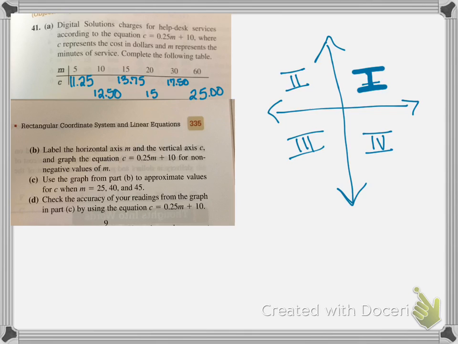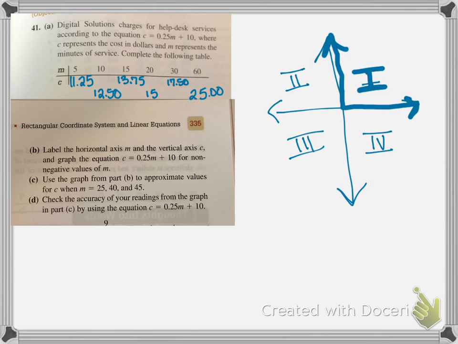Because these are our positive x values, and these are our positive y values. Because very often, our positive x values are talking about time. Do we have negative time? No. Okay, you can't be on the phone with tech support for negative 5 minutes. Somehow they would owe you money, and I don't think it's going to happen. Okay? Now, can you be charged a negative amount of money for being on tech support?